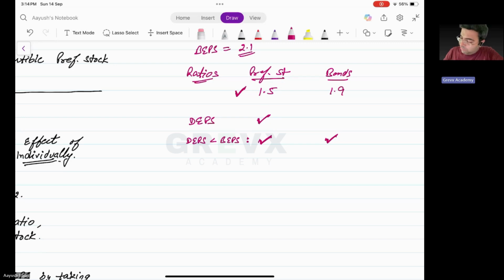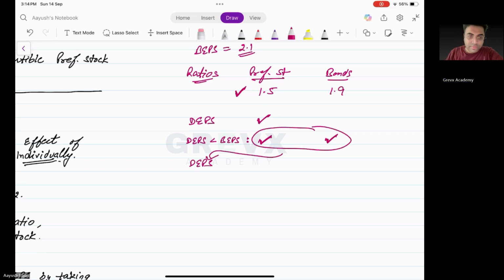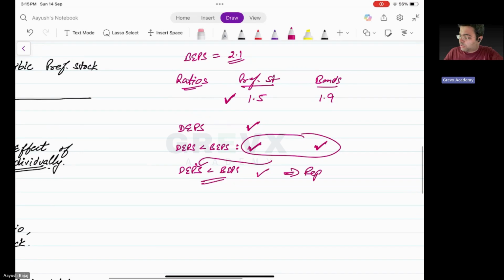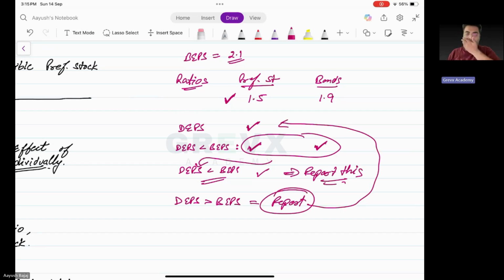If the diluted EPS after including both of them is still less than basic EPS, then it's fine. You can report this. But if diluted EPS after including both of them is higher than the basic EPS, then you cannot include the bonds. Then what you report is this step. Clear?